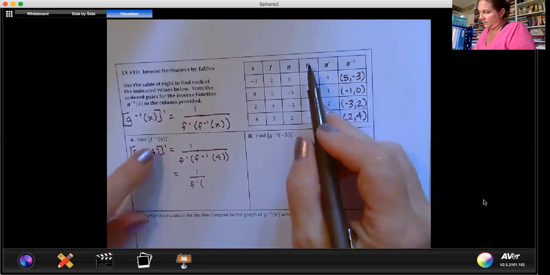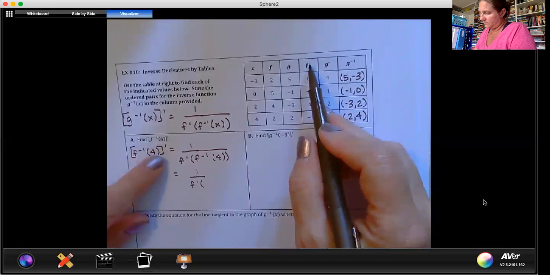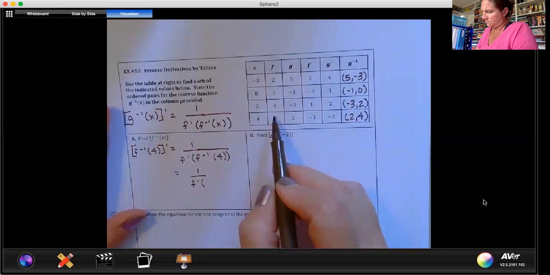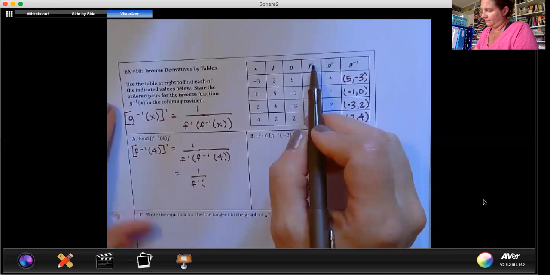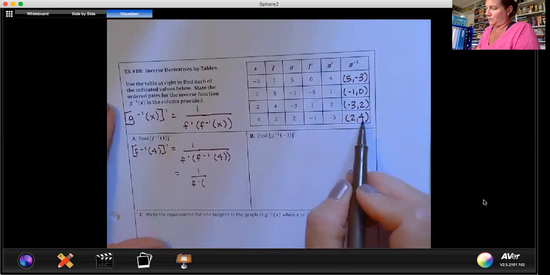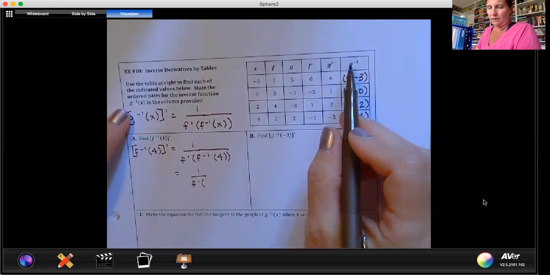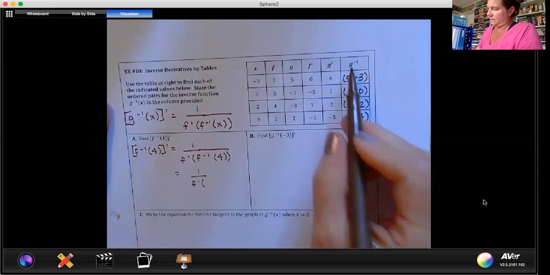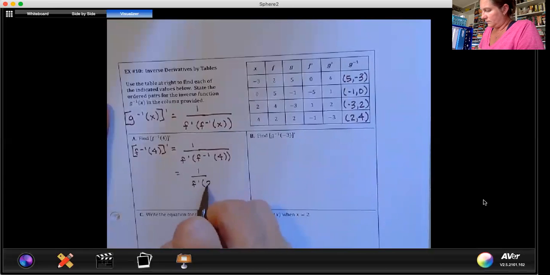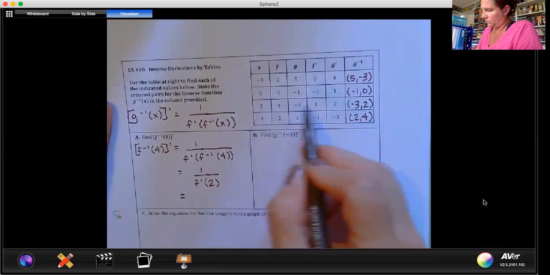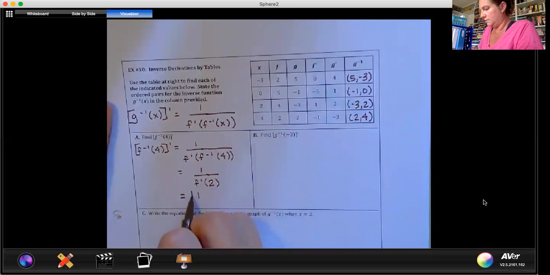All right, so the inverse of F at 4, I'm sorry, the inverse of F at 4 would be 2. So we can look here because G is going to be our inverse. So we can look at here in this last column. 4 is 2. And 1 over F prime of 2 is 1. 1 over 1 is 1.